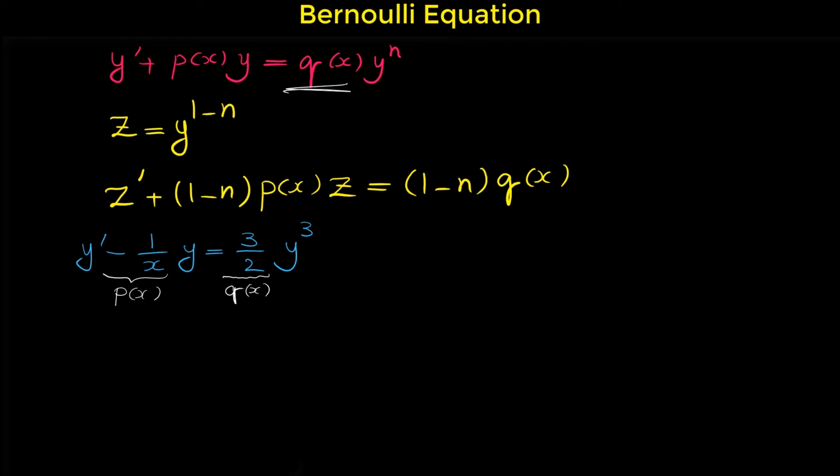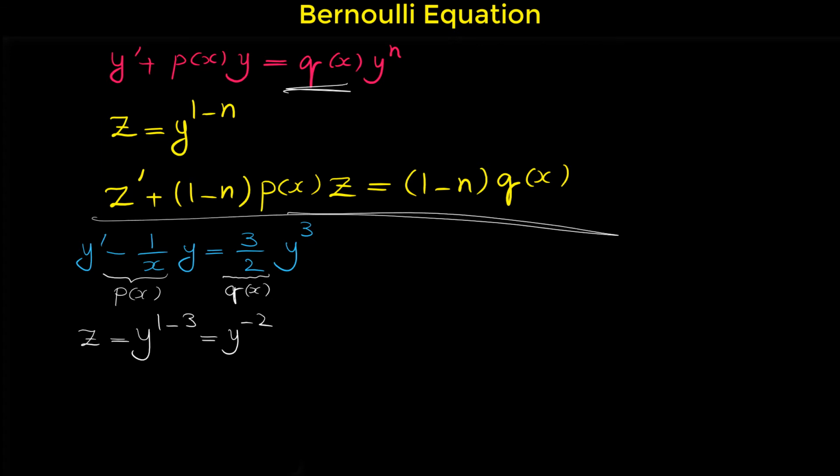For solving this Bernoulli equation, we have to use this substitution. So z equals y to the power of 1 minus n, which is 1 minus 3, negative 2. With this substitution, z equals y to the negative 2, we can convert this given differential equation to a linear first order differential equation.